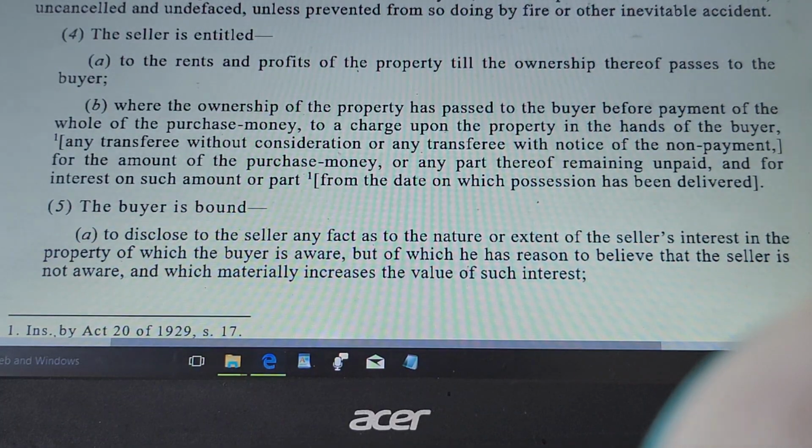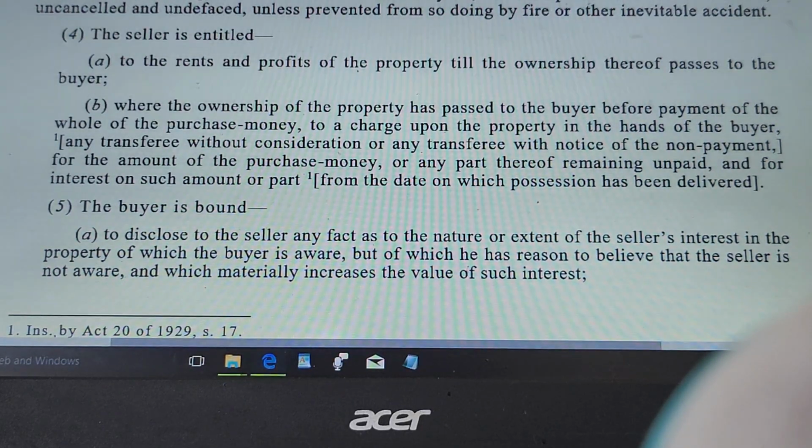B. Where the ownership of the property has passed to the buyer before payment of the whole of the purchase money, to a charge upon the property in the hands of the buyer, any transferee without consideration or any transferee with notice of the non-payment for the amount of the purchase money or any part thereof remaining unpaid, and for interest on such amount or part from the date on which possession has been delivered.